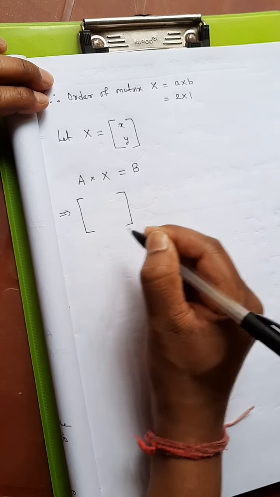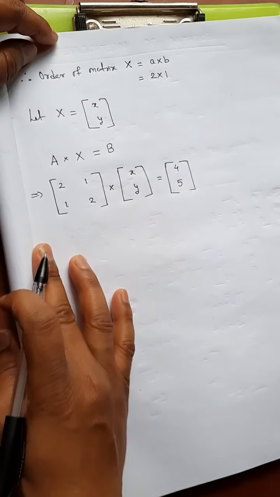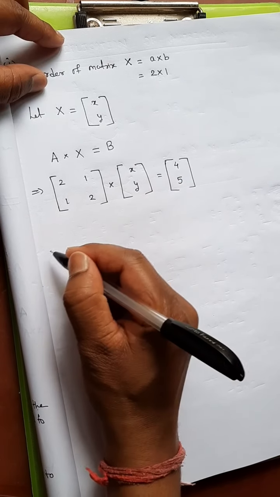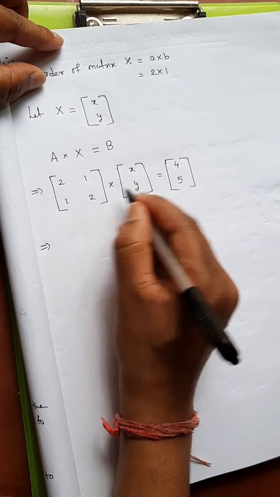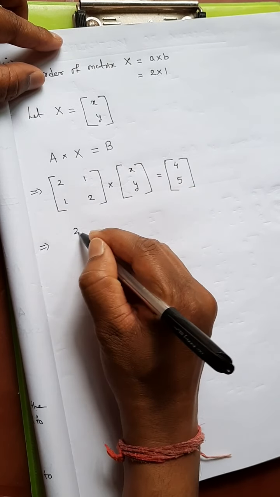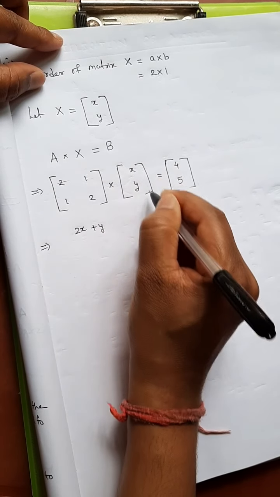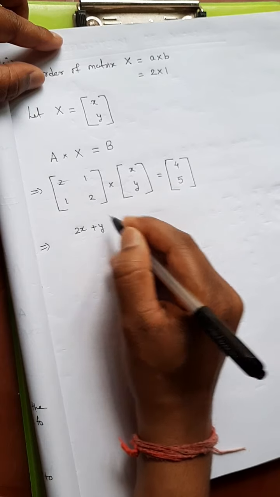Now let me complete this and then we'll proceed. See, I have written the values. Now I will multiply these two. Row into column: 2 into x, 2x, 1 into y, plus y. No more columns, so no more elements in the first row.